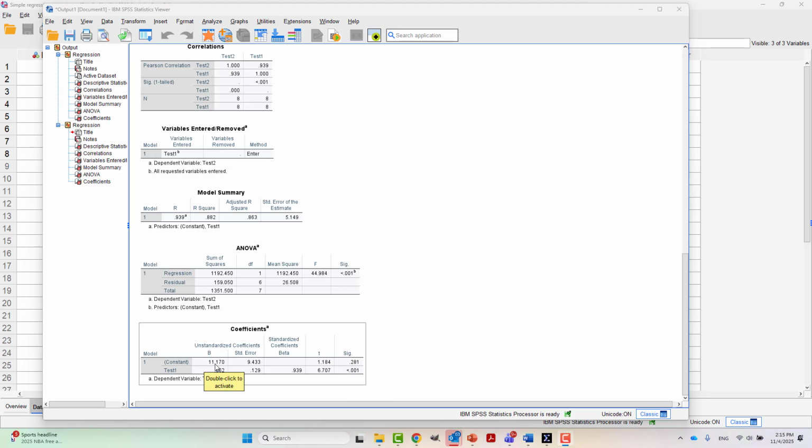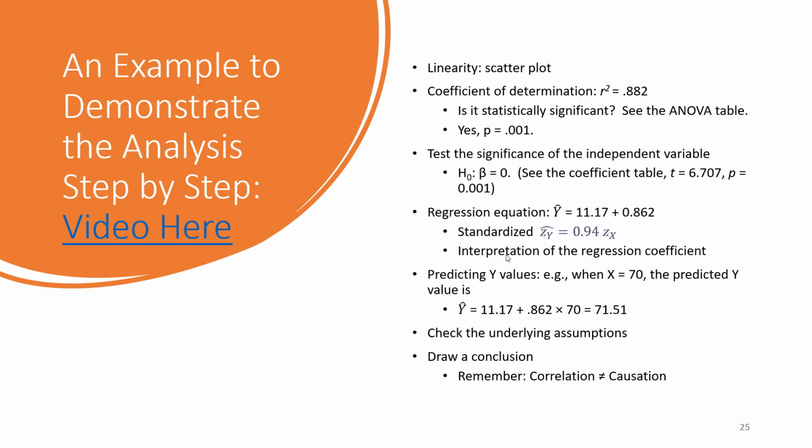And the regression constant is 11.17. So the unstandardized regression equation is y hat equals 11.17 plus 0.82 times x. And the standardized equation is the predicted zy equals 0.94 times zx.